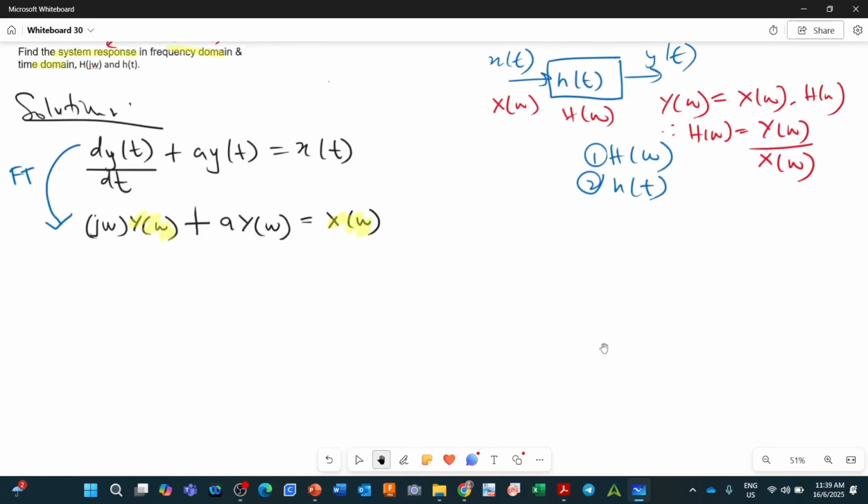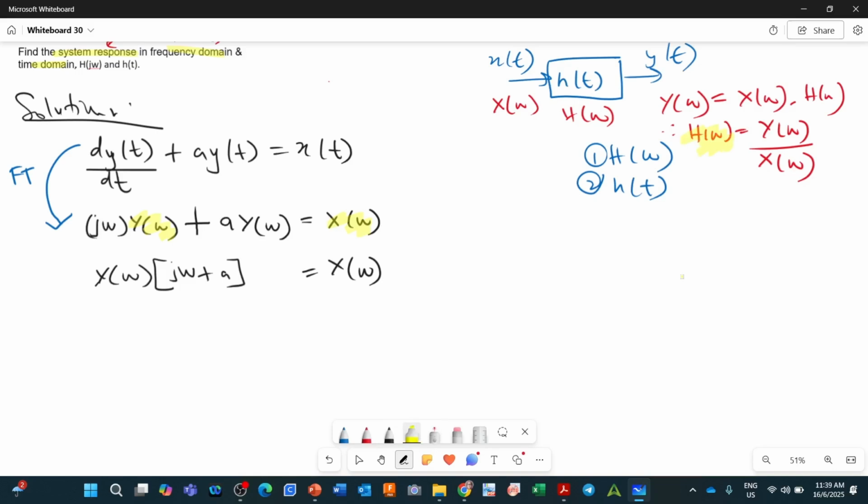Too slow maybe. So what we are going to do is factorize whatever we have on the Y(omega) side. So Y(omega), we have (j omega + a), equivalent to X(omega). H(omega), what is it that we wrote just now?